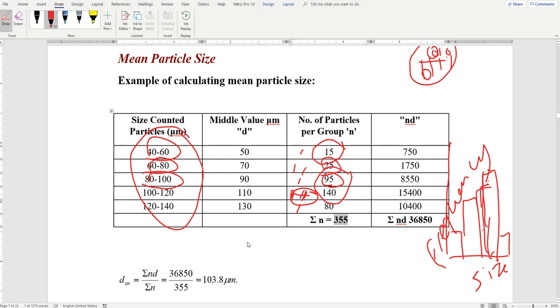Now I will have difficulty because if I had each size of the particle, I have here 355 particles. If I had each size of the particles, I could add them together and divide them by 355 and I would get the average. It's like, imagine in your classroom you have a quiz out of, let's say, 10.